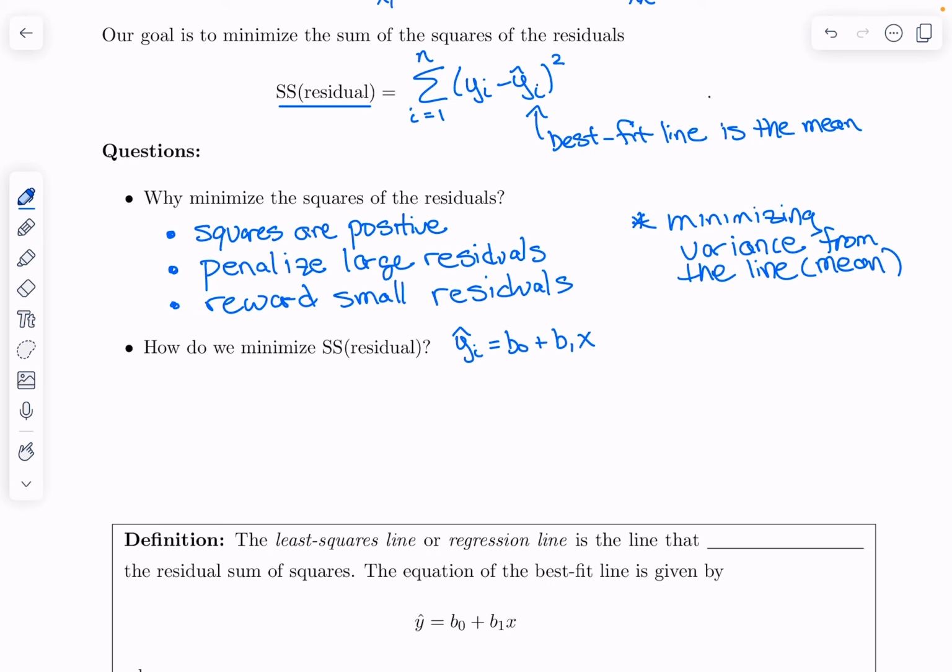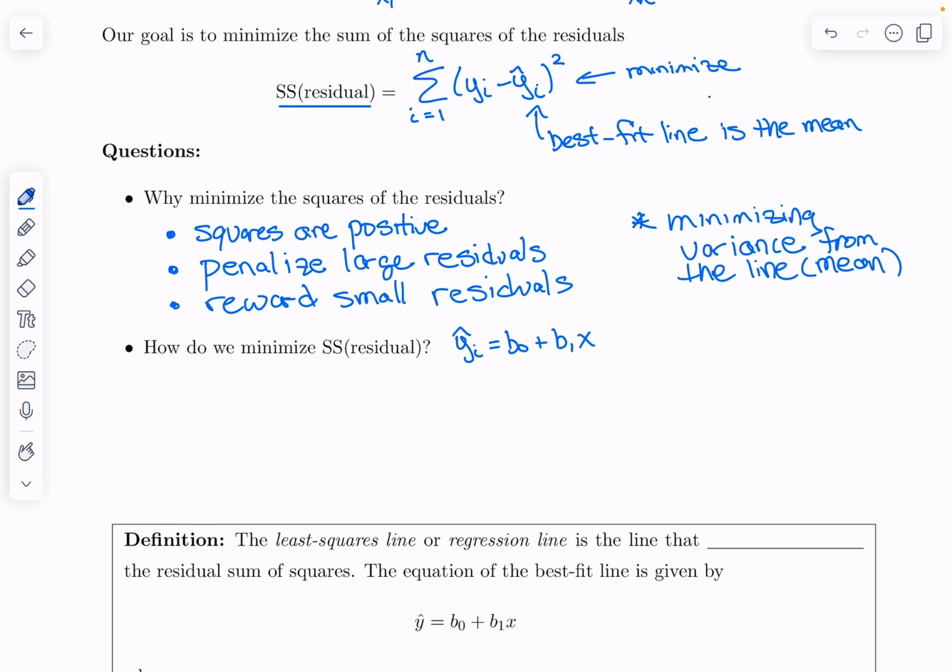So it's a function of the intercept and the slope, and those are the two things that we do not know. We do not know intercept and we do not know slope. And what we're hoping to do is minimize that quantity by varying the slope and the intercept of our line.